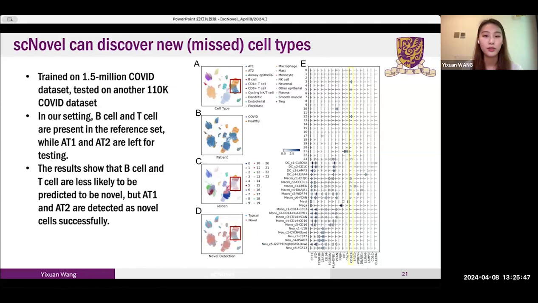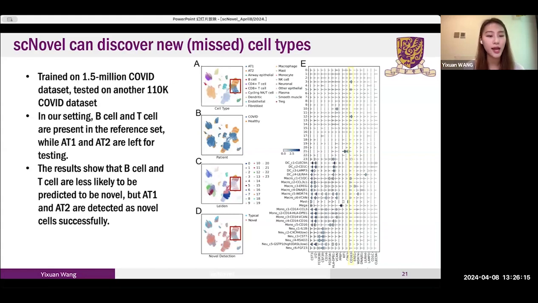Studies have shown the importance of cell type specific analysis of the genetic heterogeneity of specific cell types in the field of biomedicine. For instance, the COVID single-cell atlas that we have used before detected 64 cell types and further analyzed the relationship between the cells' gene expression and disease in their work.